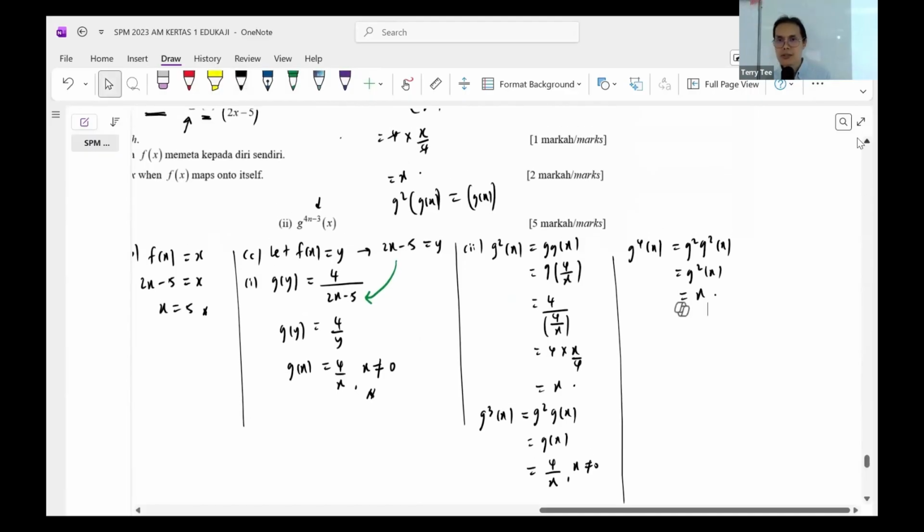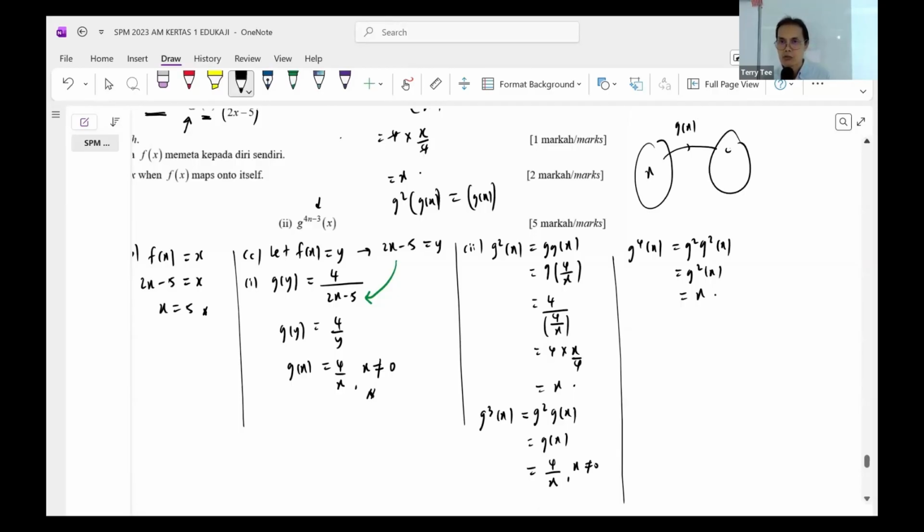So you can actually use this simple diagram to help you understand. We start from x. You go through function g(x). It will map onto 4 over x. So when you do one more round of g(x), it will map back onto x. So it's g1, g2, g3, g4, g5. So the odd one will be x. The even one will be 4 over x.